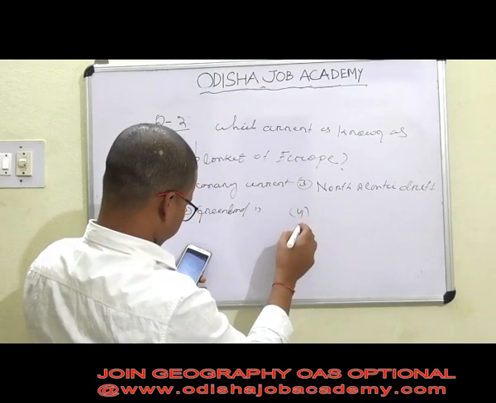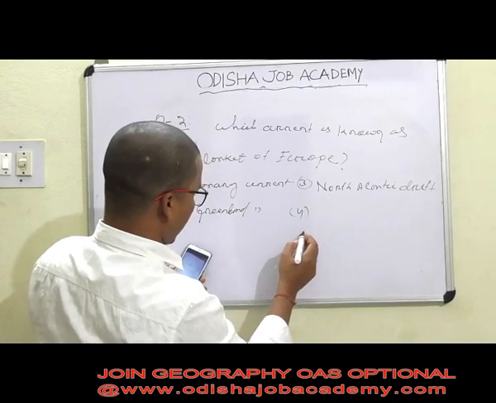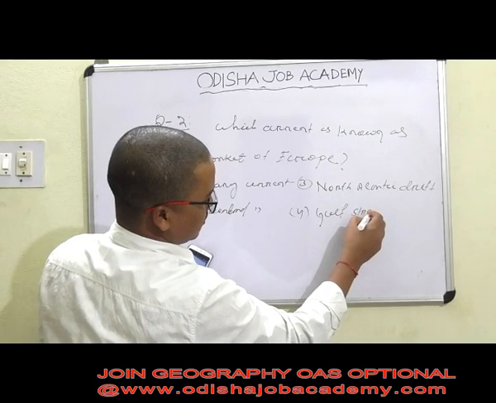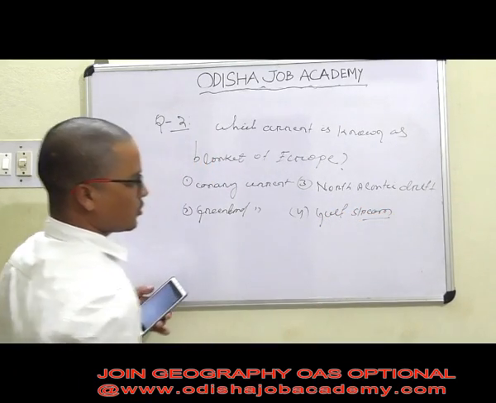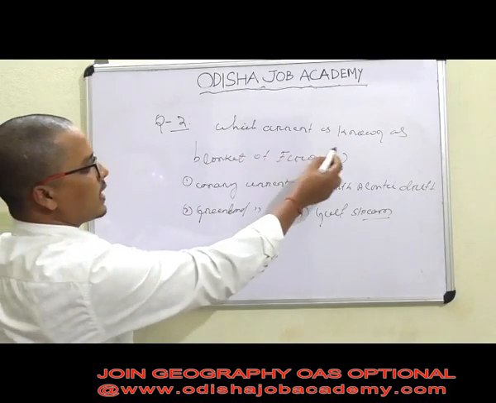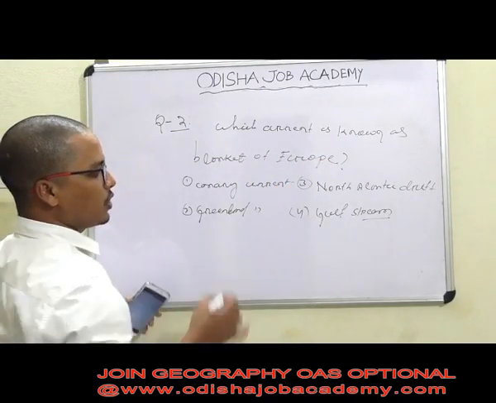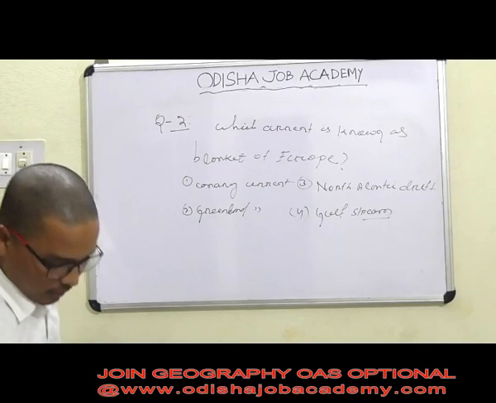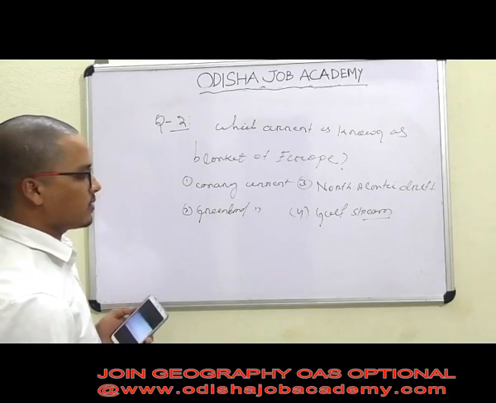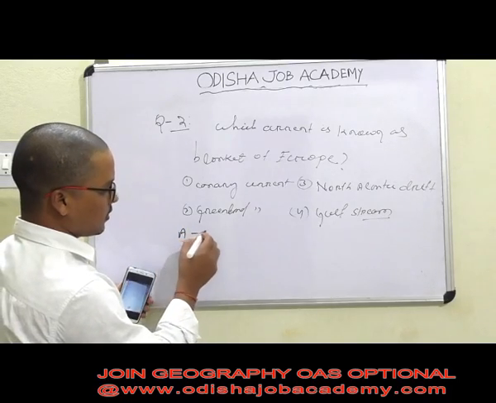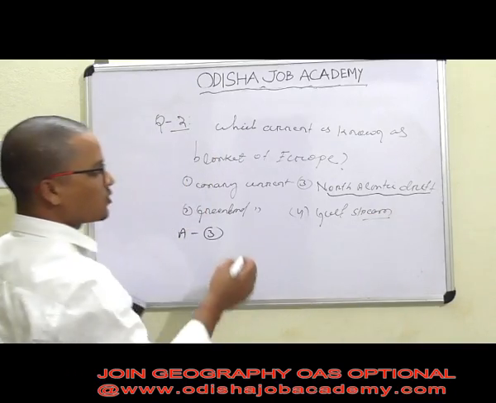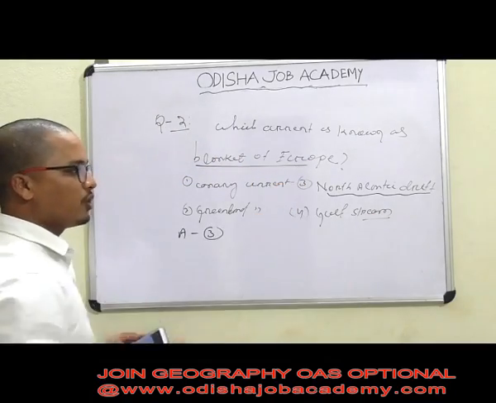Option 4, Gulf Stream. So you have to answer which current is known as the blanket of Europe. Try to answer the question. The answer is 3. That is, the North Atlantic Drift is known as the blanket of Europe.